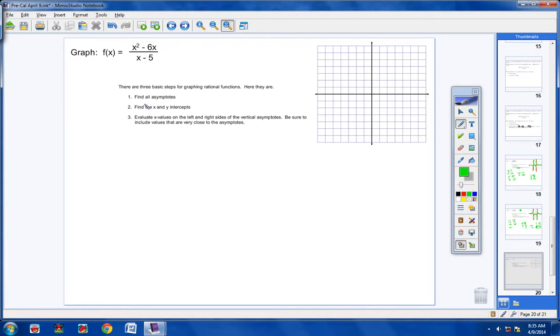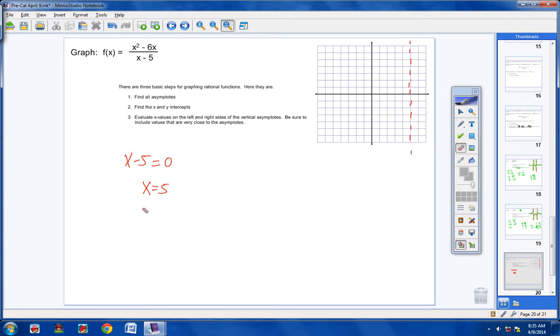Step 1, let's find all of the asymptotes. Take your denominator, set it equal to 0, x minus 5 equals 0, move the 5 over, x equals 5. So we have a vertical asymptote at 5, okay? There we go.